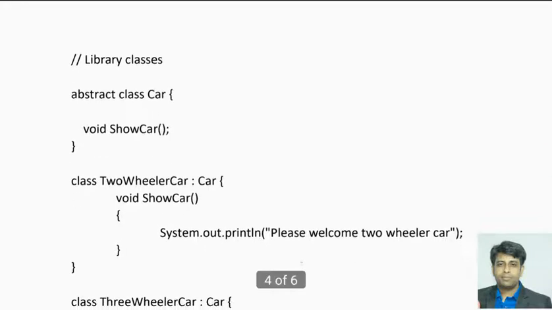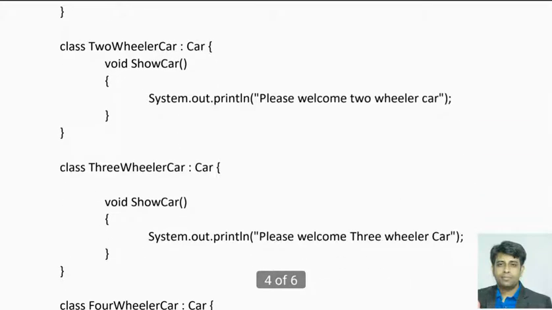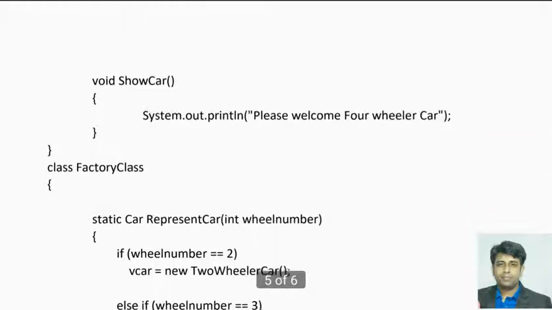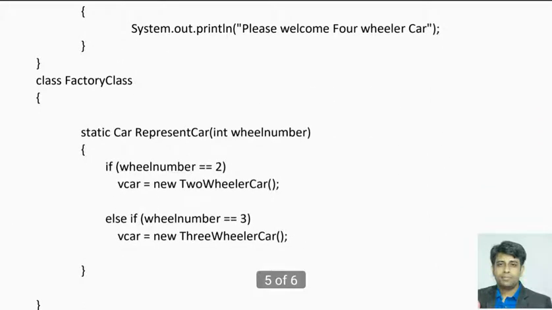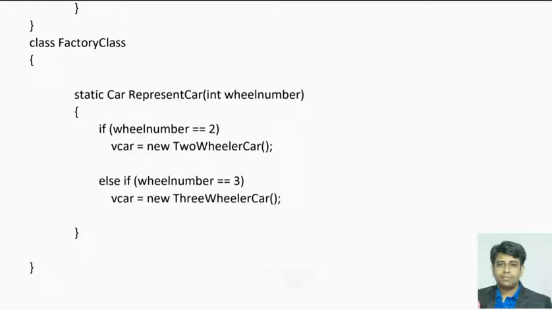Now my code is the same as the previous: the abstract class Car, and the two-wheeler, three-wheeler and four-wheeler car classes. The change I have made to implement loose coupling is to add a class that I have named the Factory class, and in that class I implement the checking of the user input.